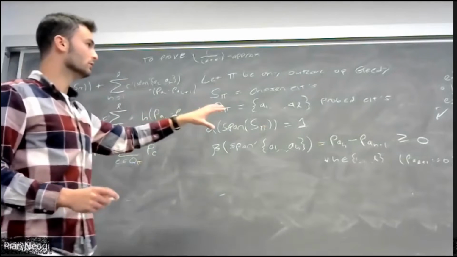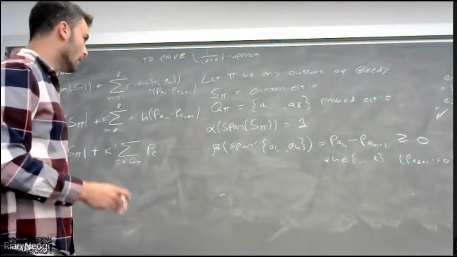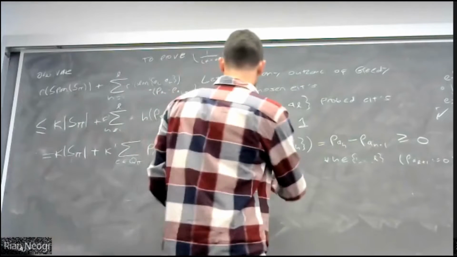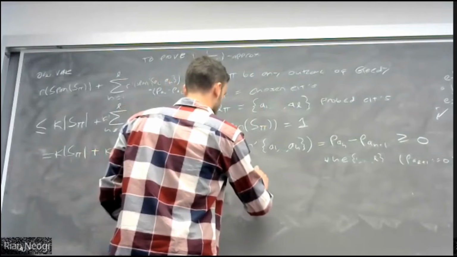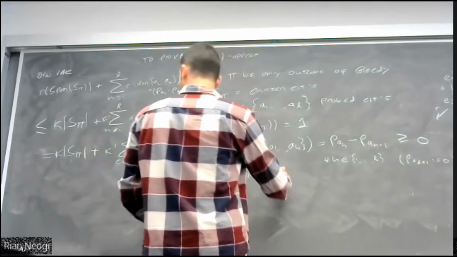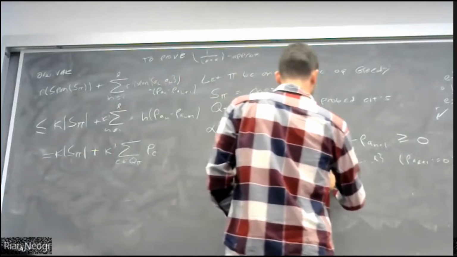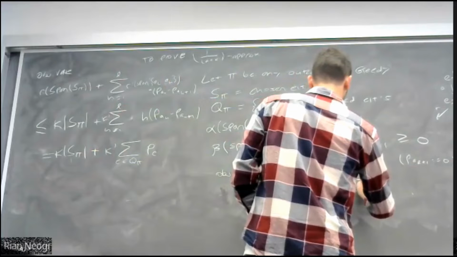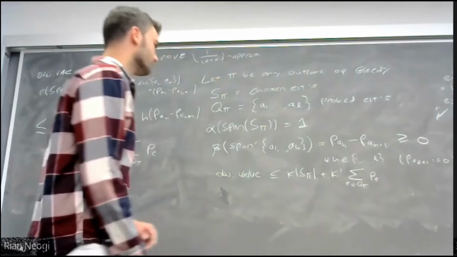So the dual solution has objective value at most this. Now let's show that it's feasible. I'll write here: the objective value is at most K times size of S pi plus K prime times the sum over all elements that were probed of the activation probability.